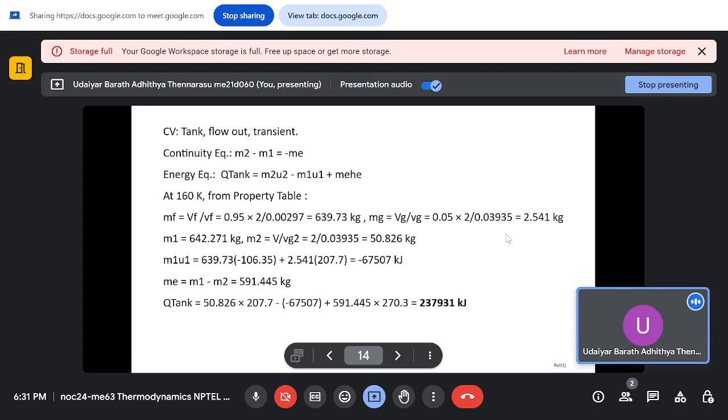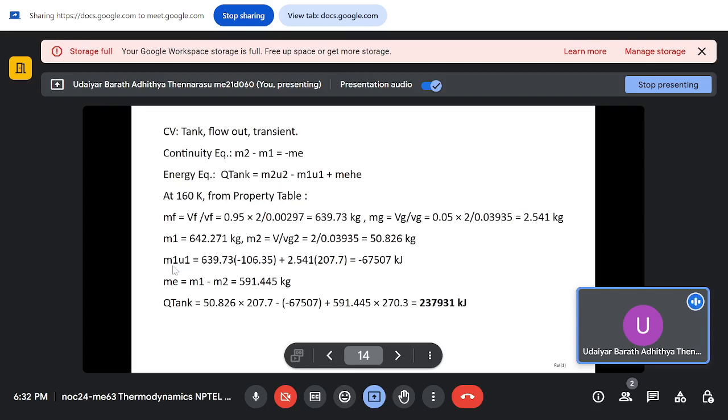So saturated vapor enthalpy is known, specific volume is known, and your volume will be 2 meter cube because the whole cylinder is full of saturated vapor methane or LNG. So 2 divided by your specific volume will give me 50.826 kg. So from this we can find out the mass which is coming out of the cylinder.